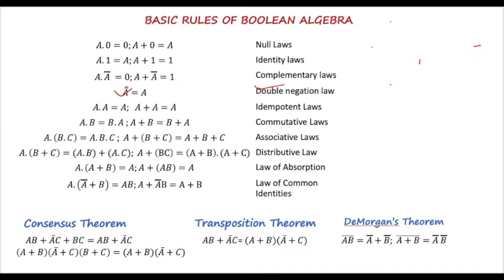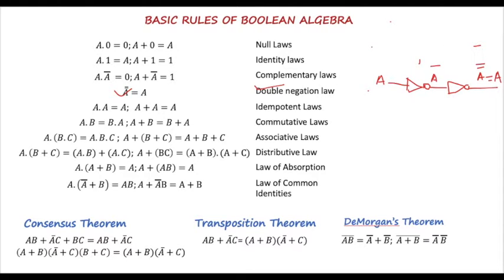That is, a variable double negated gives the variable itself. So that is two NOT operations.